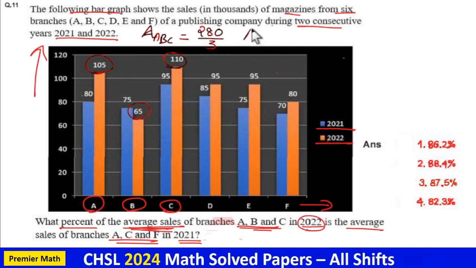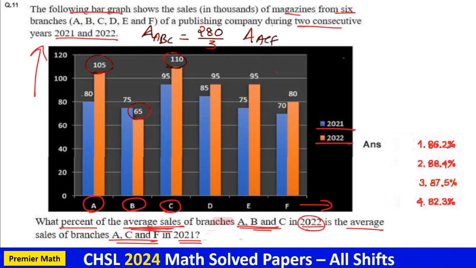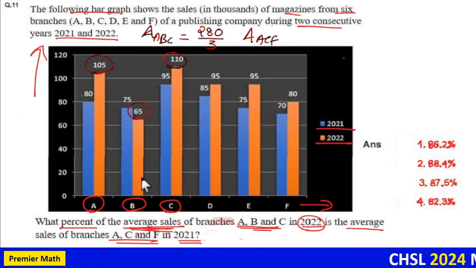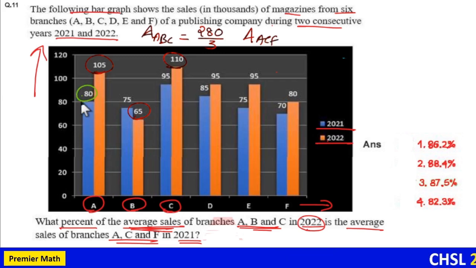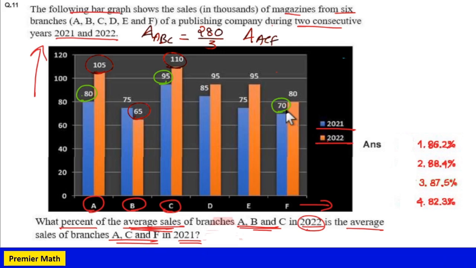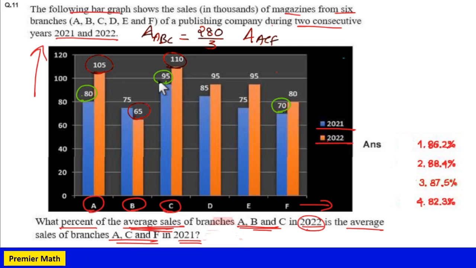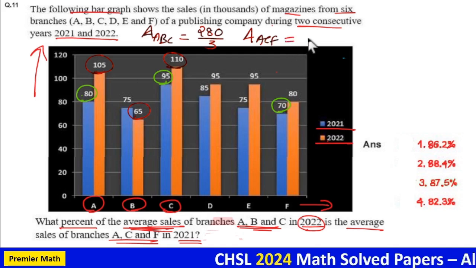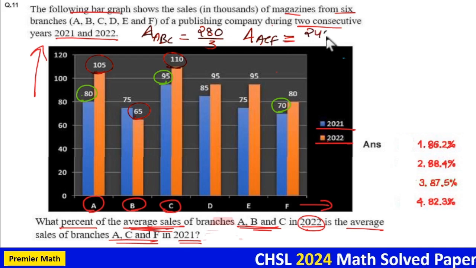Now we need average sales of ACF, which is equal to, take the blue bars from ACF, that is 80 plus 95 plus 70. 80 plus 70 is 150. 150 plus 95 is equal to 245. Which is equal to 245 divided by 3.